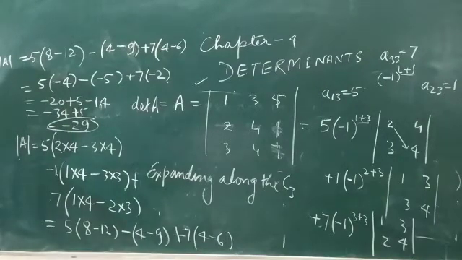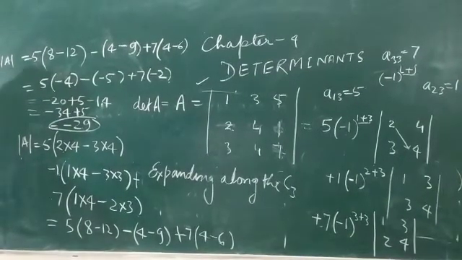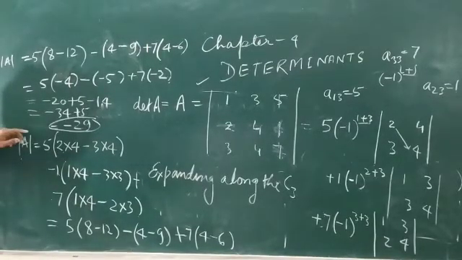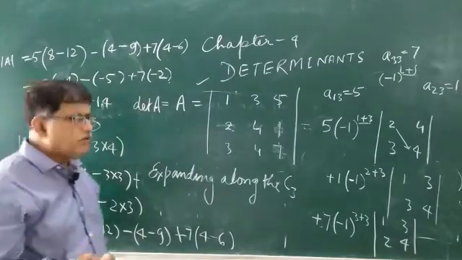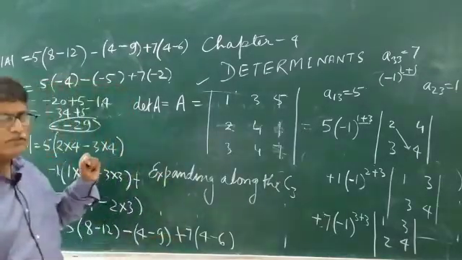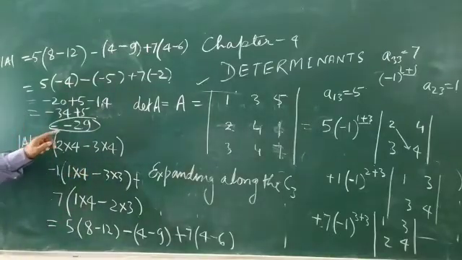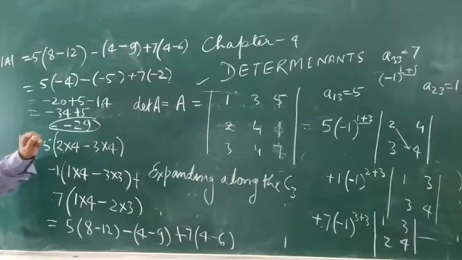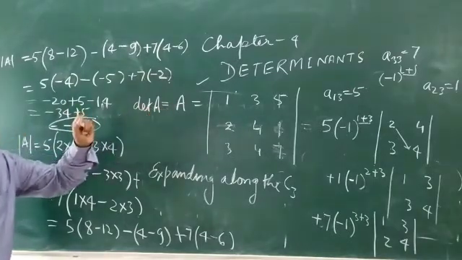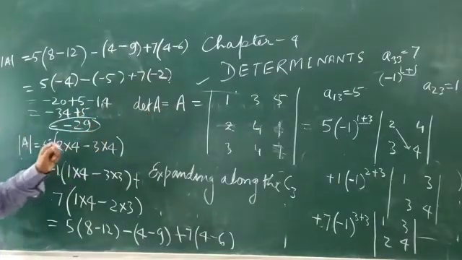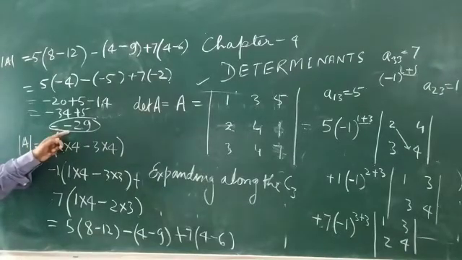When expanding along the third column, the value of the determinant is minus 29. If you consider any row or column, you get the same value, minus 29. That is the number associated with the square matrix A of order 3 by 3. It is a particular unique number and it is real.